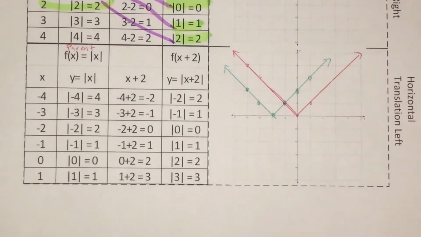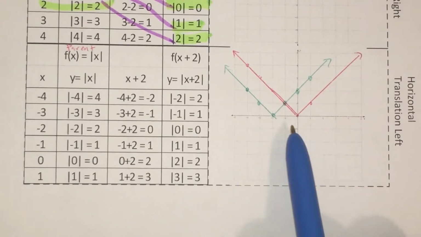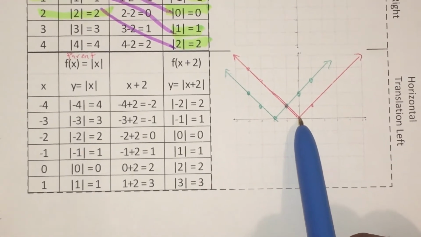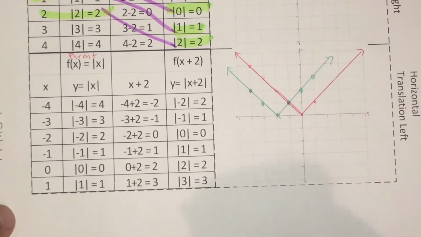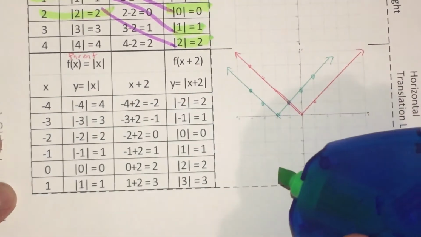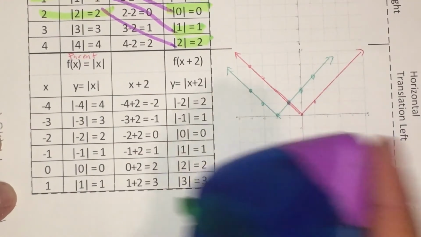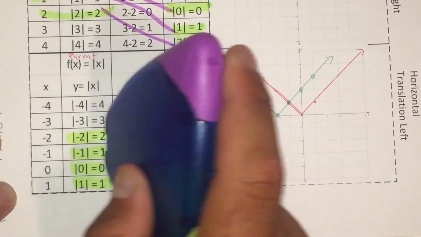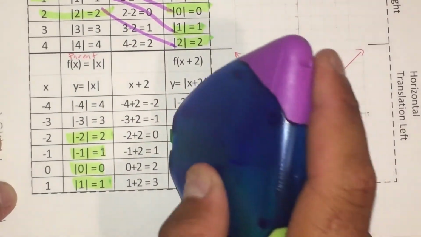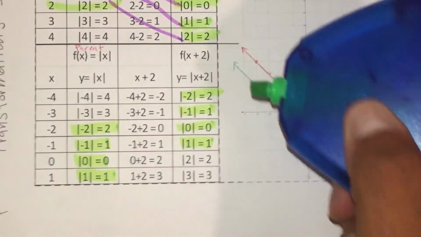As you can see, once again, from the parent function, this translated left 2 units, 1, 2. We're also going to show you using the shading. If you look at this here, we can show 1, 0, 2, and 1, and then 1, 0, 1, and 2.